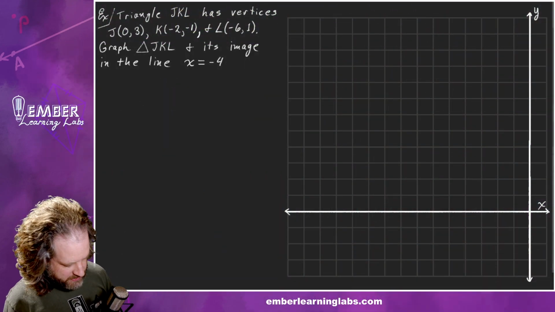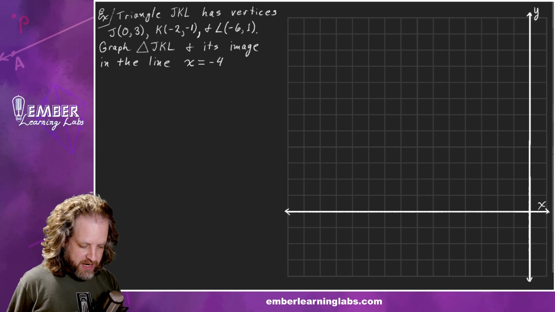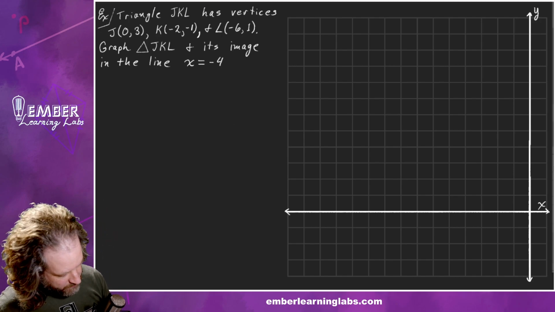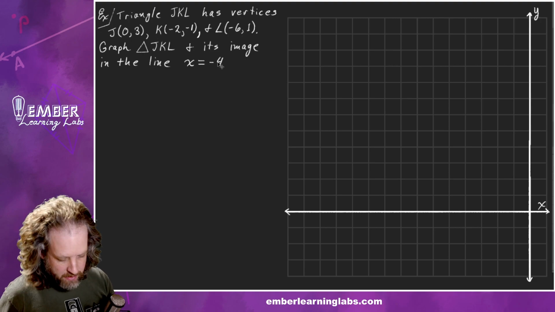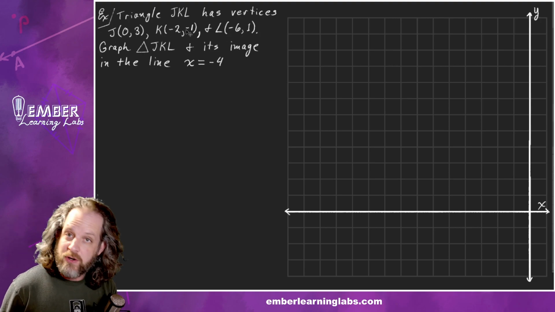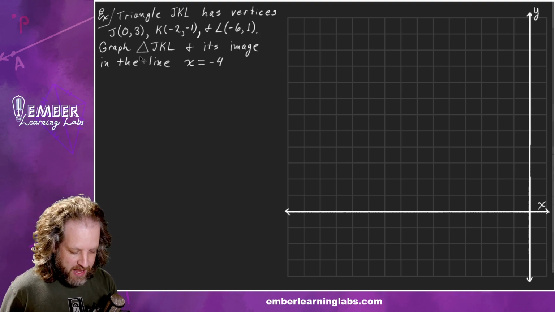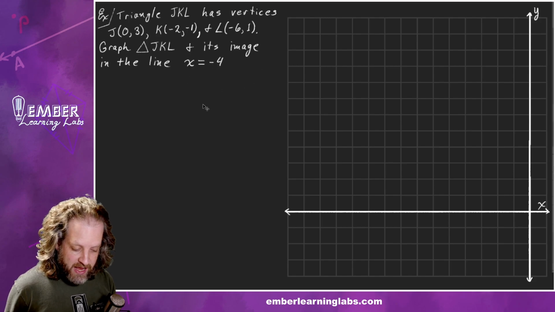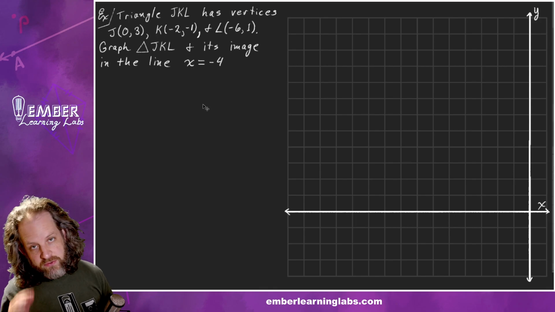So in this first example, we have triangle JKL has vertices. These vertices, we'll label them in a minute. We're going to graph triangle JKL and its image in the line x equals -4.